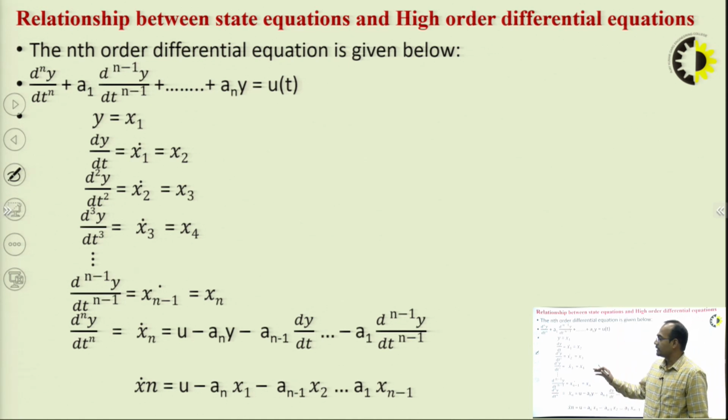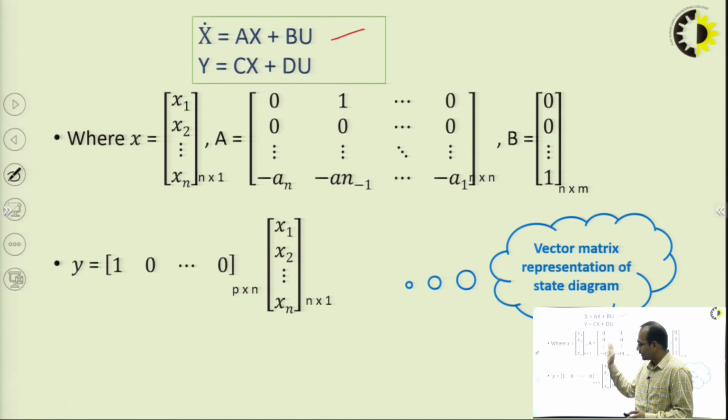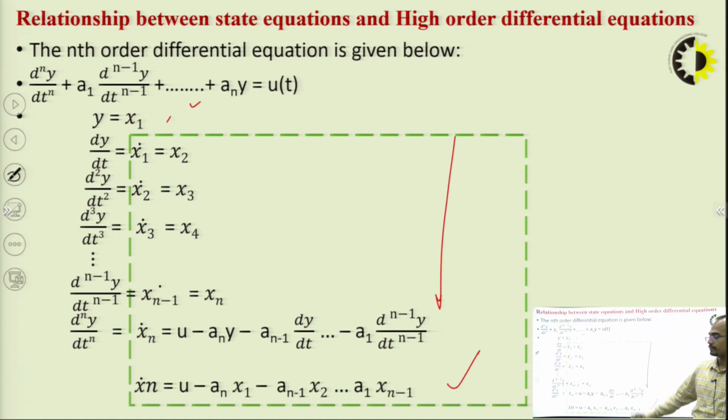The procedure is the same. First I consider y equal to x1 and differentiate n times. After the nth derivative you will get the output in terms of state variables, and the state equation x dot is equal to this, so you can write the matrices from these equations.